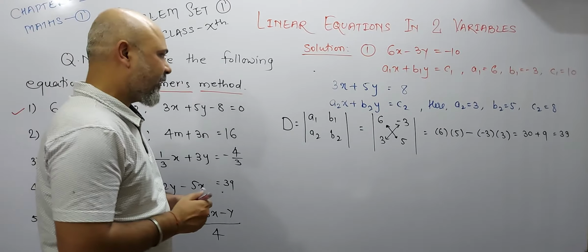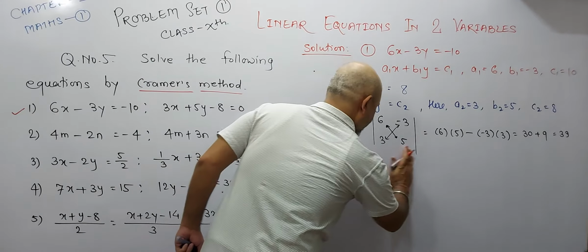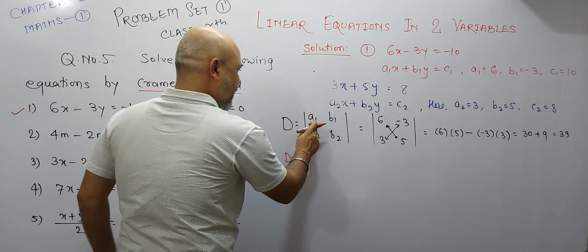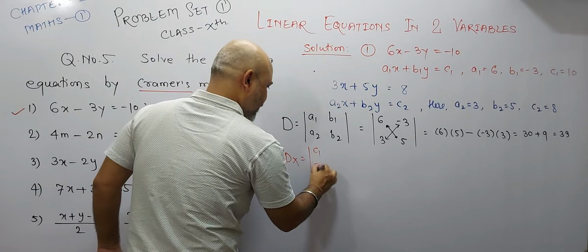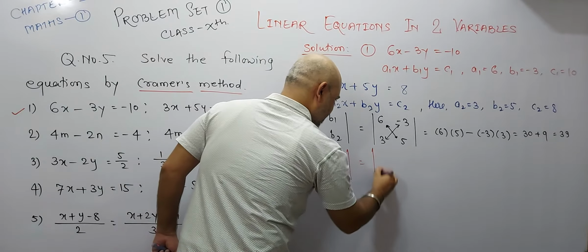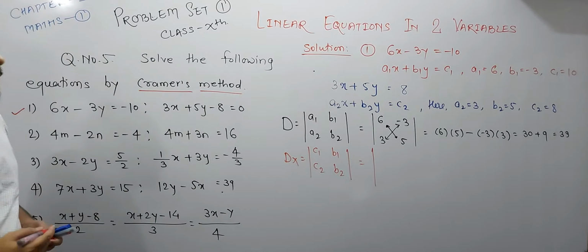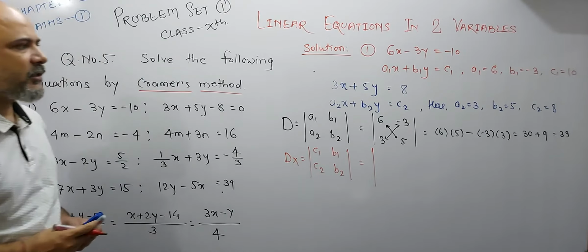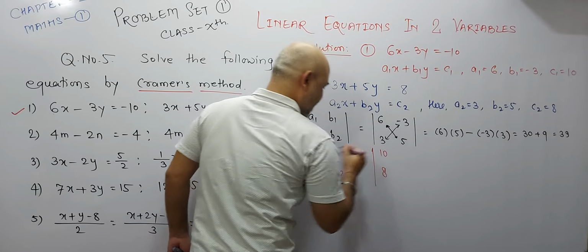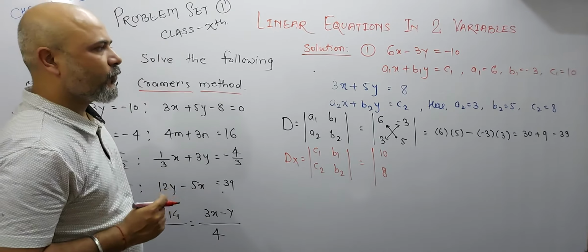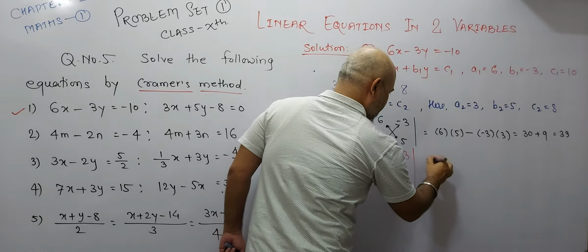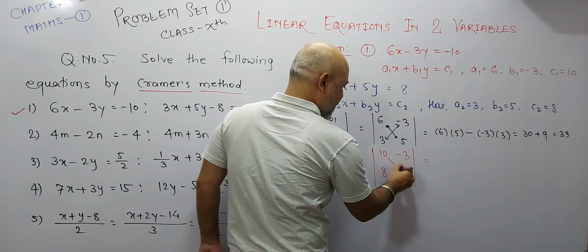Now we'll find the value of Dx. Dx is equal to what? a1, a2 is replaced by c1, c2 and b1, b2 will be as it is. Now we'll put in the values of c1, c2 and b1, b2. c1 is 10 and c2 is 8. b1 is minus 3 and b2 is 5. You will multiply these again.